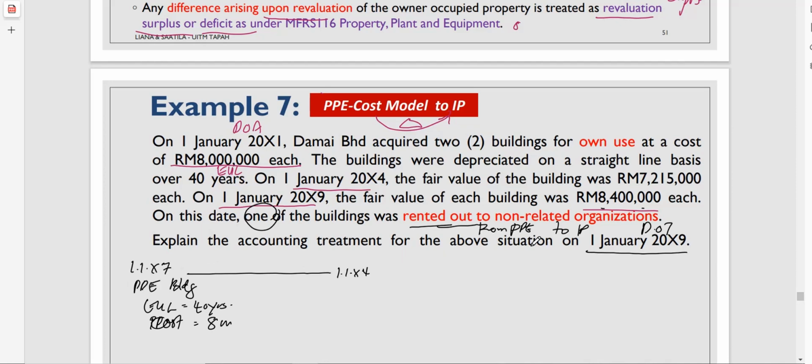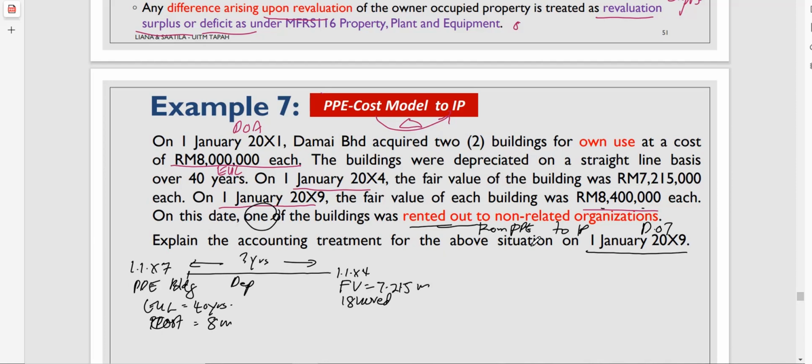So there was a revaluation here that gives you a fair value of 7,215 million, and this must be ignored.